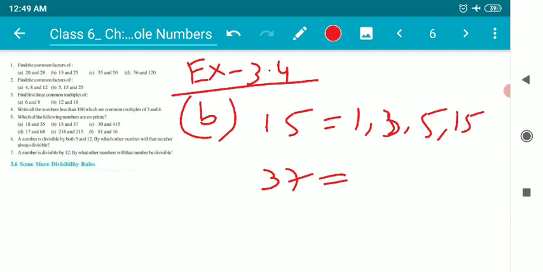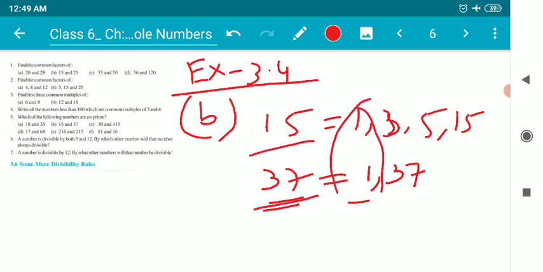What are the factors of 37? 37 is a prime number, children, so it has only two factors, 1 and 37. As we can see, only one is a common factor between 15 and 37. So yes, they are co-prime numbers.